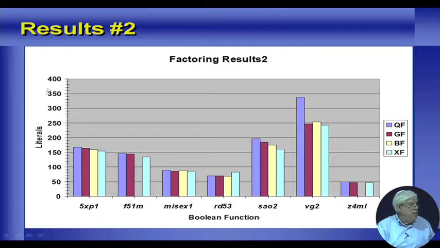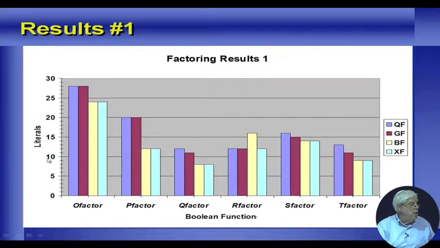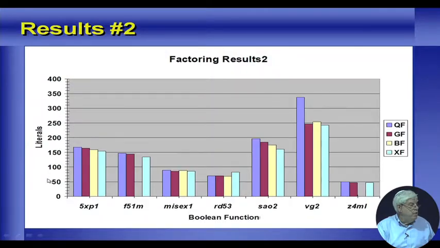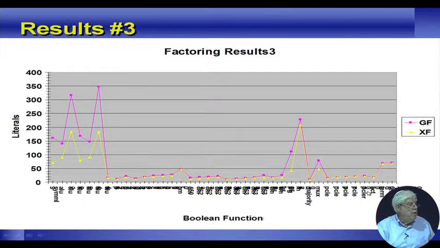Notice how the number of literals, the length of the expression, has grown. On the previous ones, these were relatively small. On these big ones, Boolean factoring just collapses sometimes. Here it's about the same, and so on.